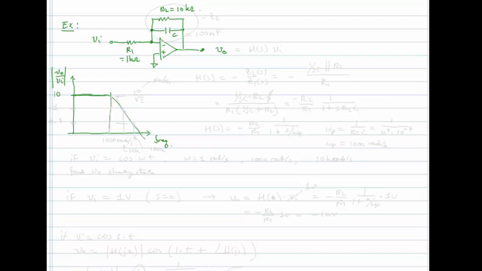I would like this knee right here to occur at 1,000 radians per second. So let me pick a value for that. That means I need to have 10 to the 4.